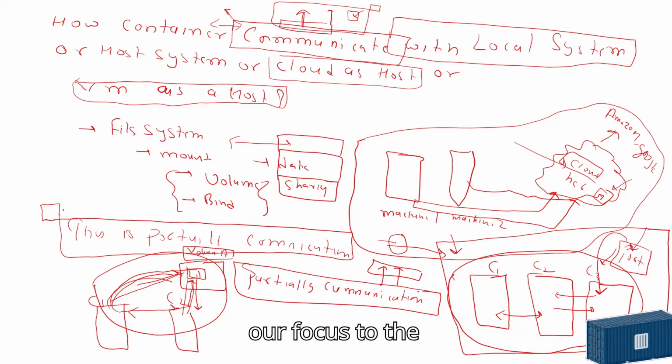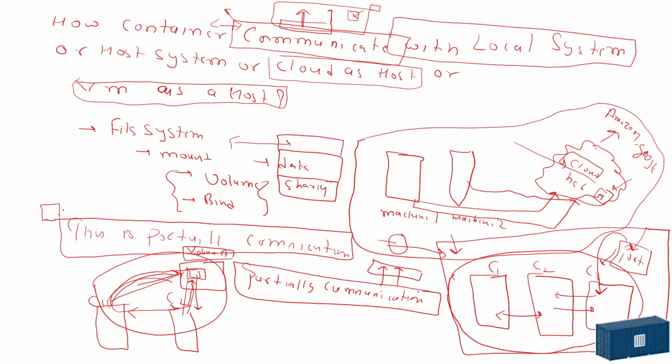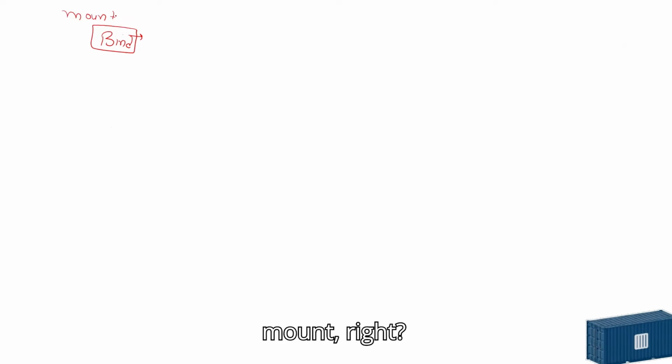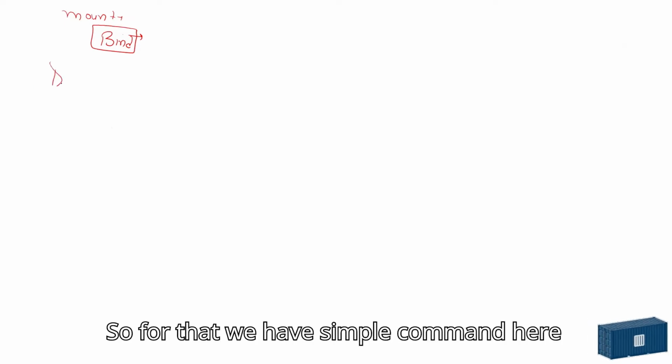Let's shift our focus to the main topic: how containers communicate with the host system. To maintain communication with the host system, a container uses the bind method, or the bind technique of mount. For that, we have a simple command here.